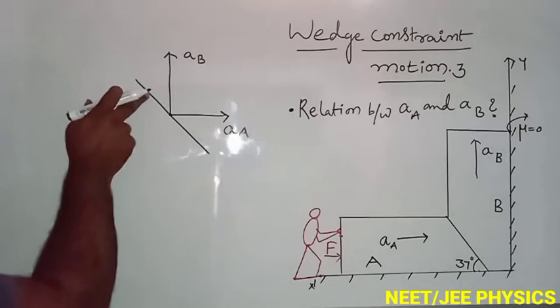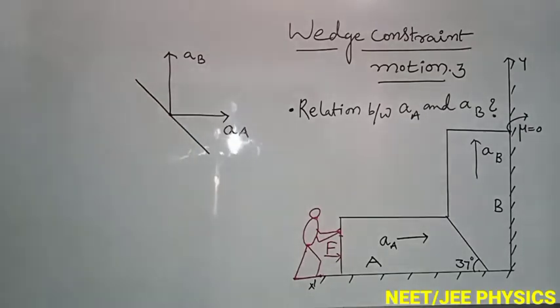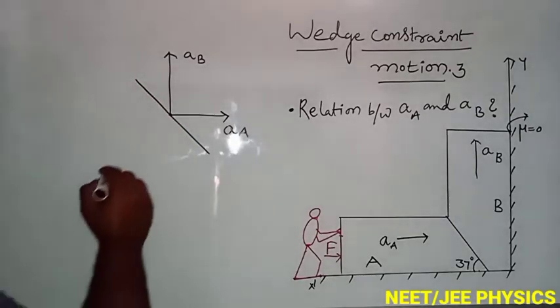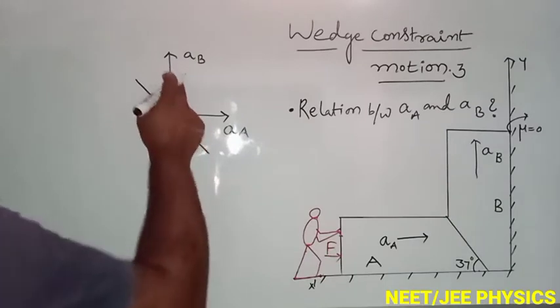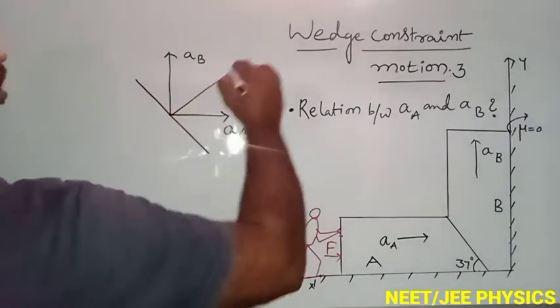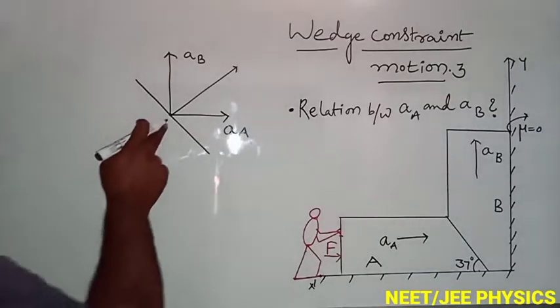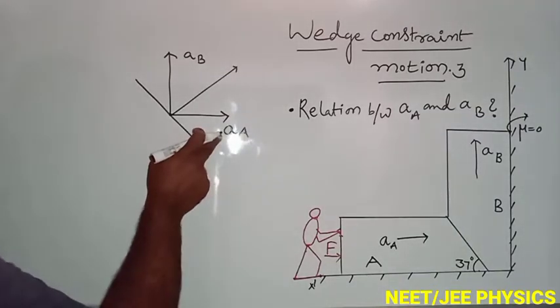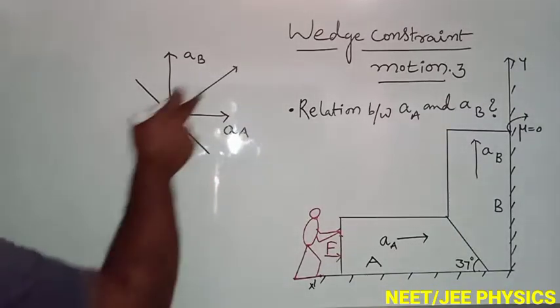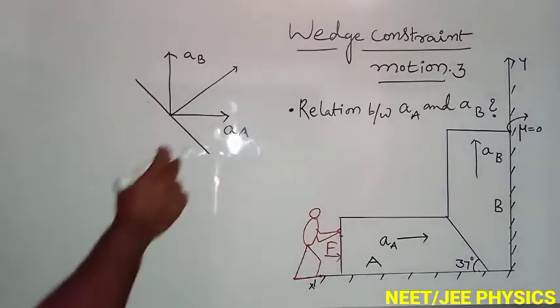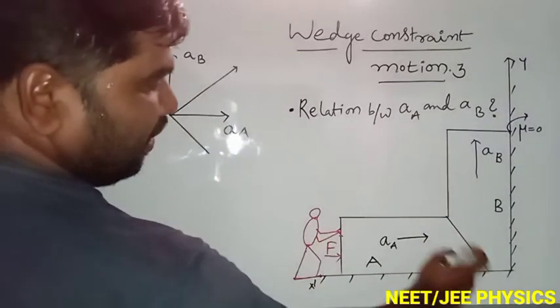Generally, if two vectors are acting along these directions, the resultant of these two vectors acts along this direction. It means normal to the surface. So the resultant of these two accelerations acts along the normal of the two wedges' contact surface.